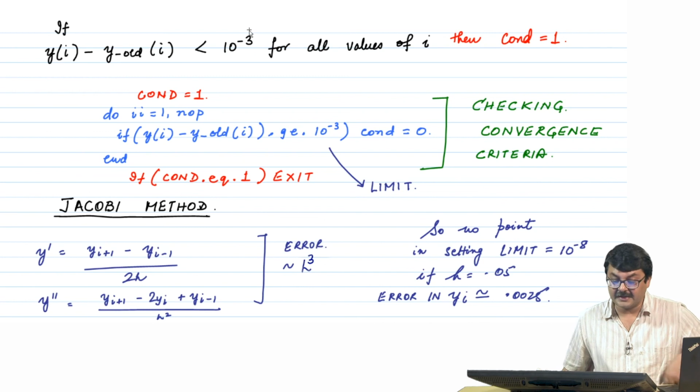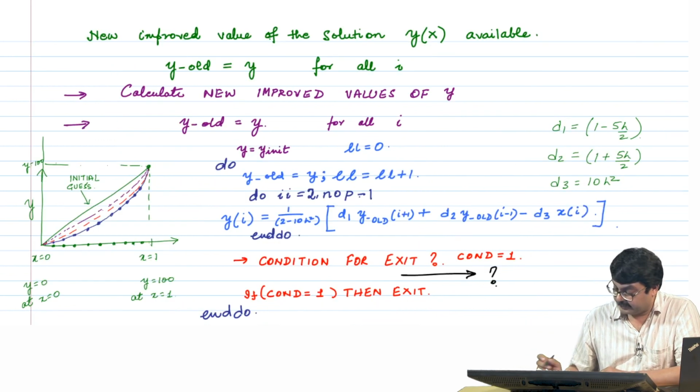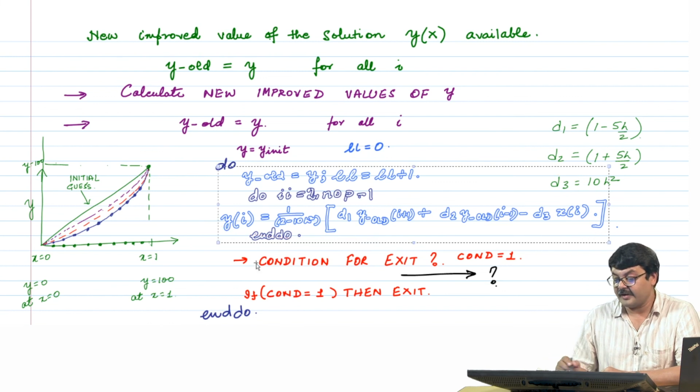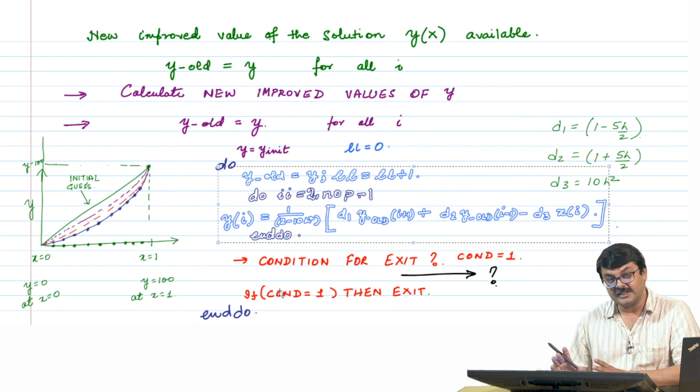So, how do you implement it? This is where the code will go in. Here you are constantly updating, but after every update you check whether the condition for convergence to the final value has been reached or not, and if it has been reached, you exit.